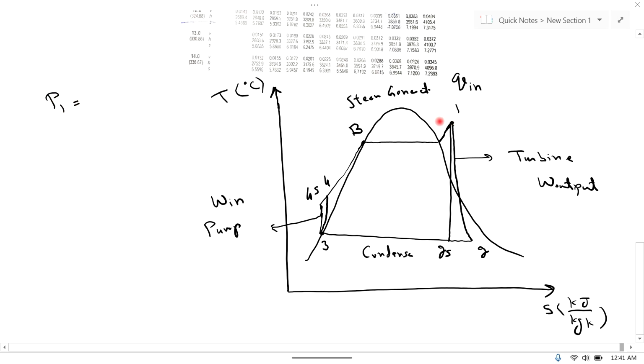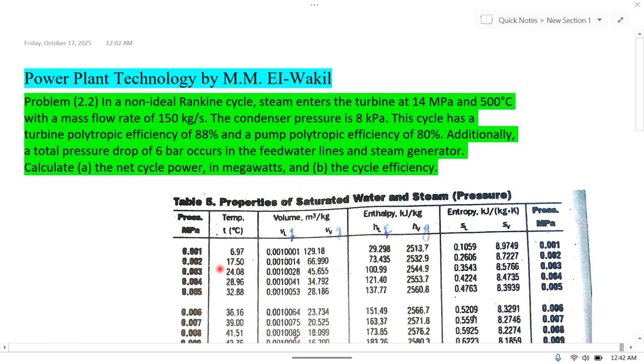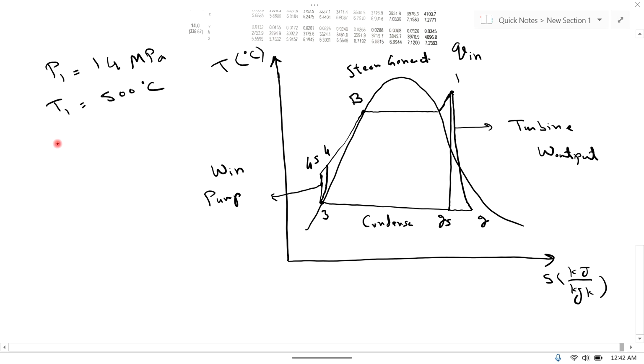So P1 is equal to 14 megapascal and T1 is equal to 500 degrees centigrade. The mass flow rate m dot is equal to 150 kilogram per second.